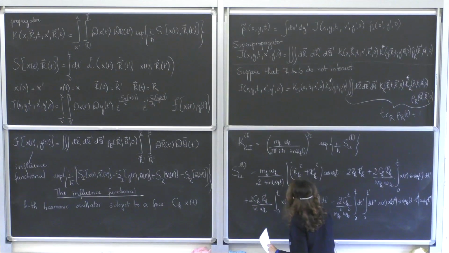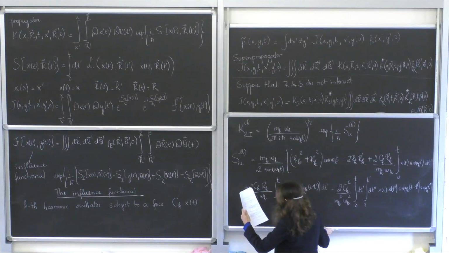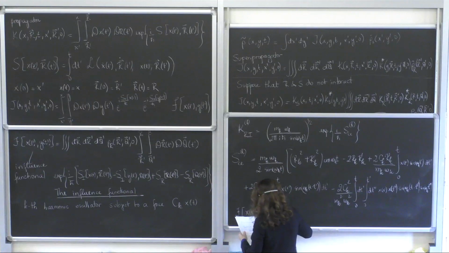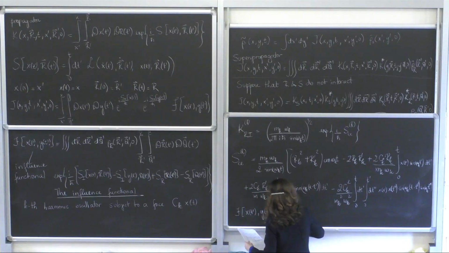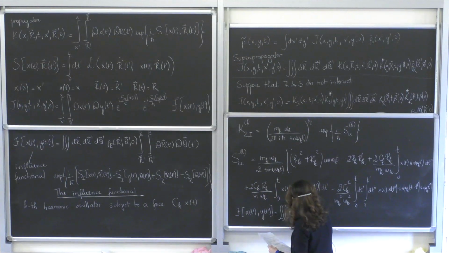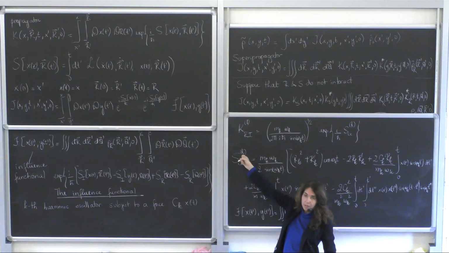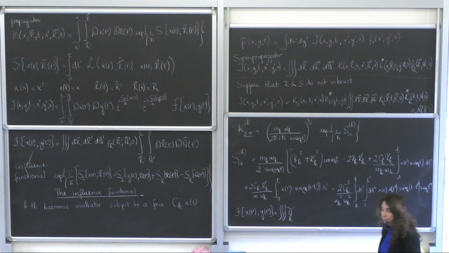After you replace everything back there, you will be able to rewrite your f of x and y as being the triple integral of the product in k, because this is just for one harmonic oscillator k, okay?